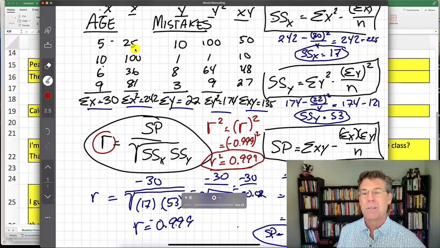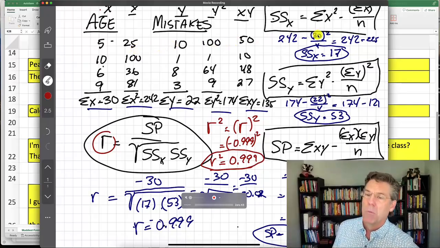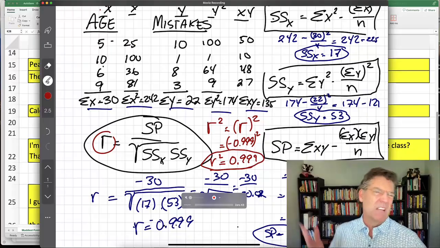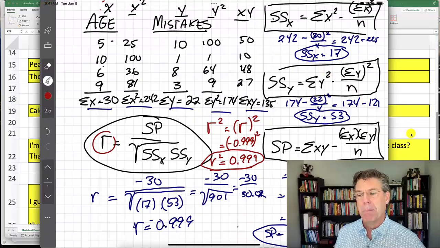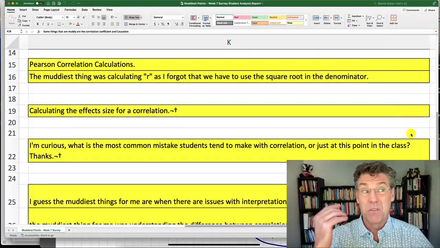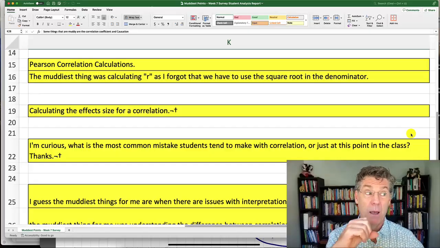Hopefully by now you're starting to get more comfortable with all of these calculations, but those are places where people can make mistakes. So just double check your calculations. Other than that, students tend to just breeze through the calculations of the correlation.